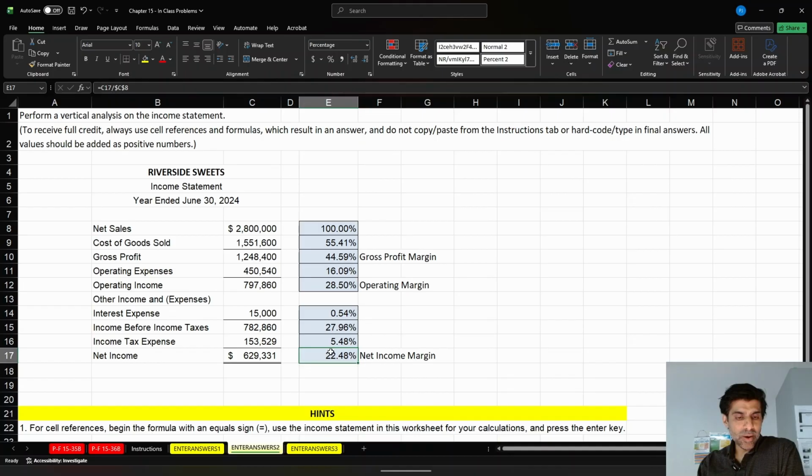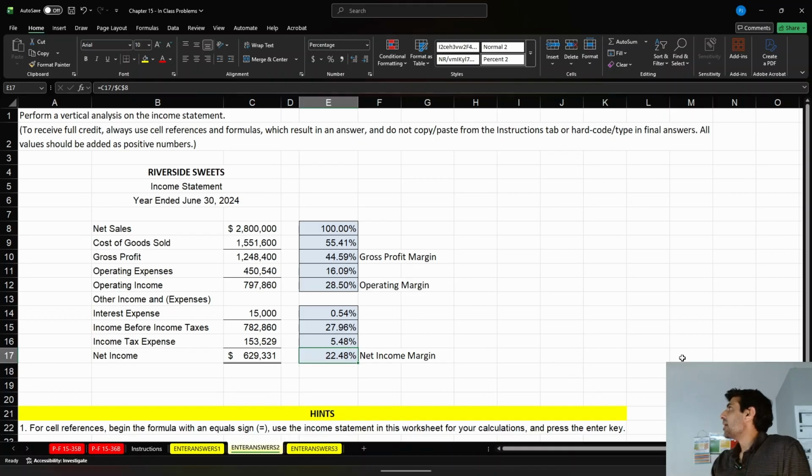And you can see where all the money is going. For every $100, $55.41 is cost of goods sold. $16 is operating expenses. 54 cents is interest expense. $5.50 is tax expense. And if you take all that together, that leaves you with $22.48.